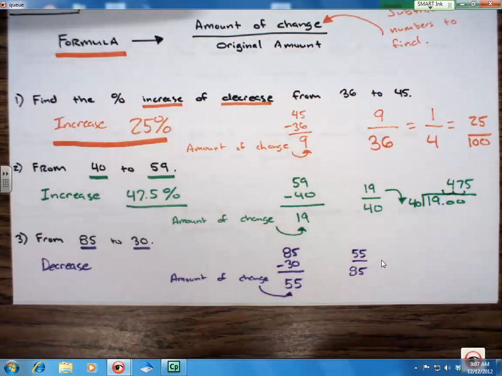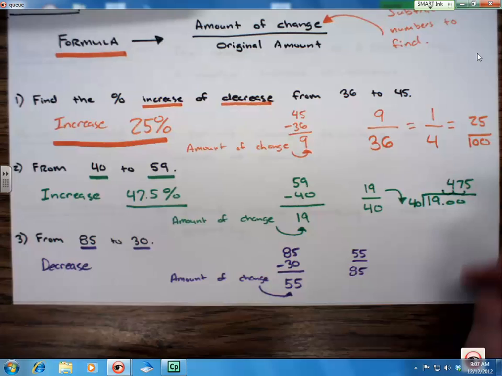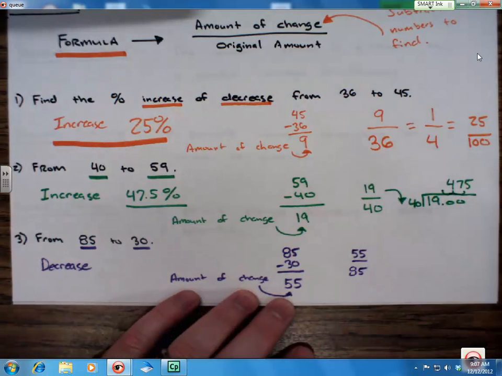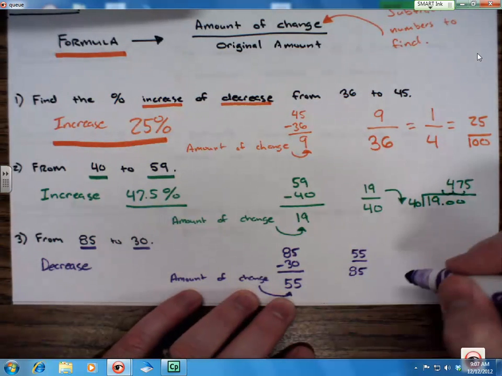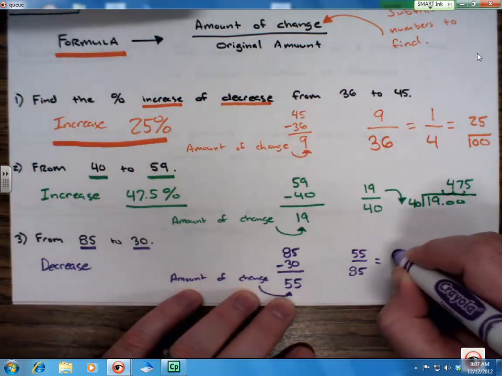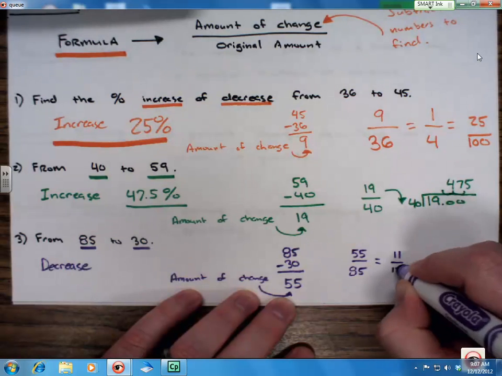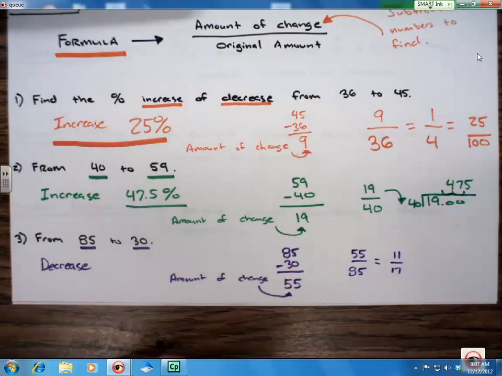Just like that. Now, we can simplify that to maybe make it a little bit easier for us to divide here in a moment or change to a percent. I know that 5 goes into both those. How many times does 5 go into 55? How many times does 5 go into 85? 17. Okay, so I'll get 11 over 17.